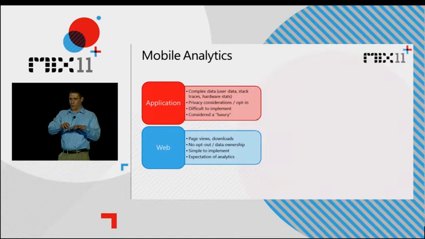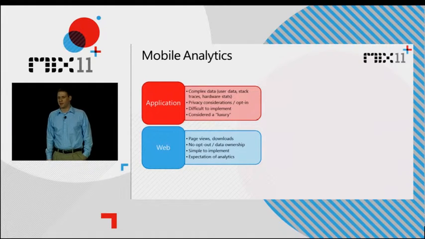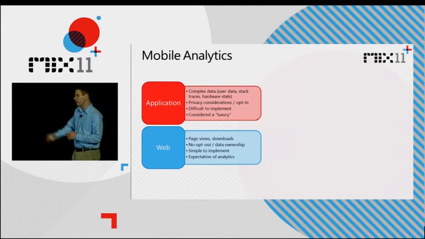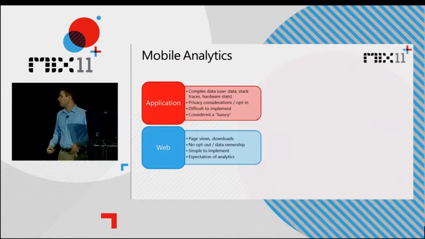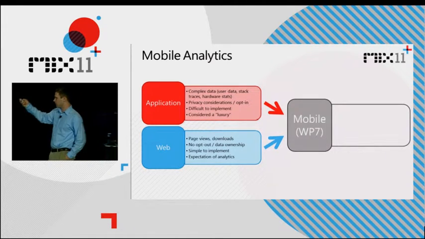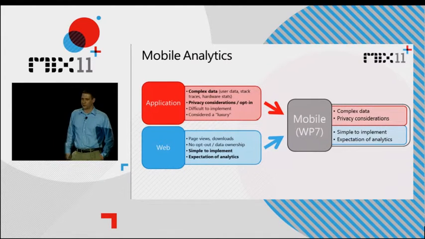But coming from the web, we get a benefit that everybody expects analytics on the web. You wouldn't put out a production website without having some sort of analytics to know which pages people were going to. And that type of analytics is really targeted towards your marketing departments. Application analytics is really targeted towards developers and designers and marketing. And Windows Phone, in particular on the mobile device, steals a couple of the best things from both.